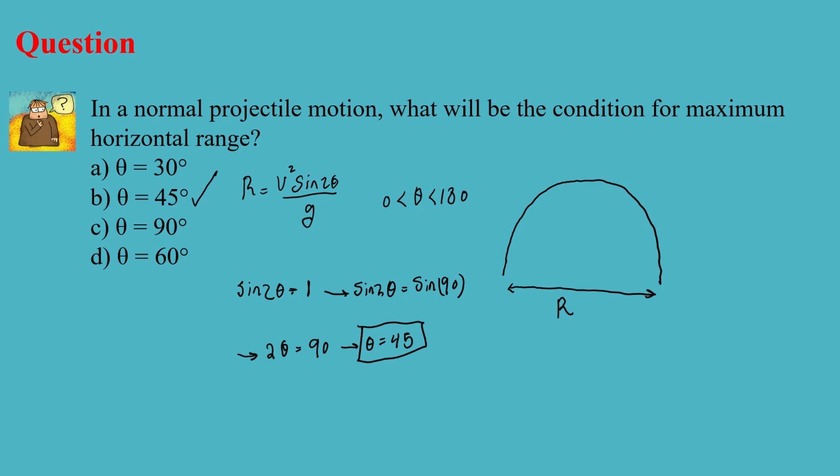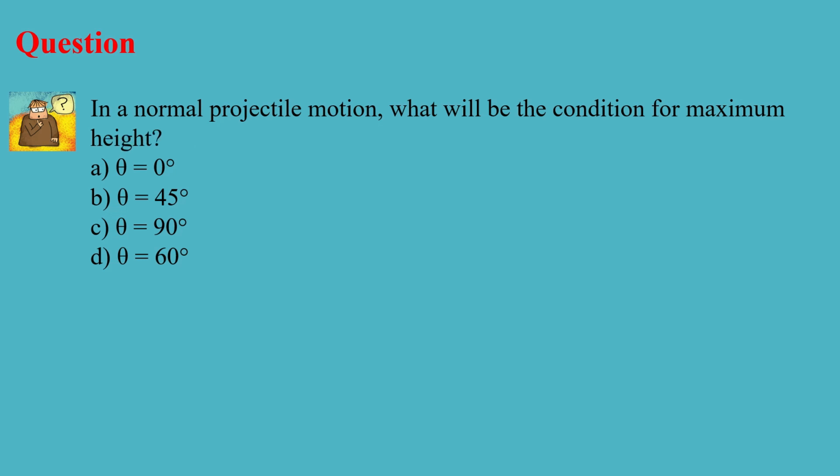Now let's look at the other example. So here I need to find the maximum height. That means if I have the path like this, this is going to be my H right here, and I'm looking for the maximum height, right? And we already know that H is equal to V squared sine squared theta divided by 2G, right?